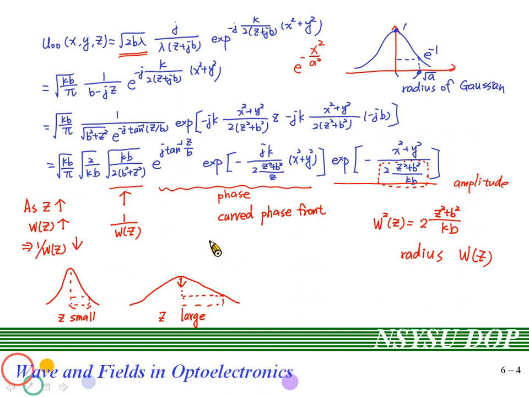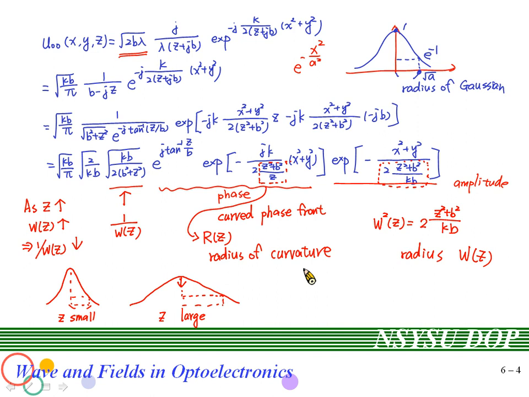So we define a parameter R of z, which is the radius of curvature. And the R of z is just here. Okay, so this term I plotted in red line represents the radius of the curvature.